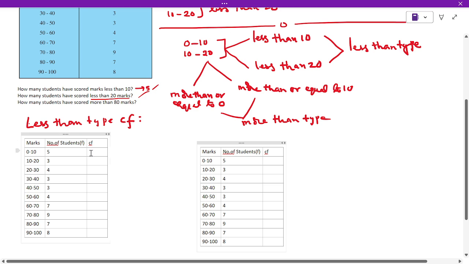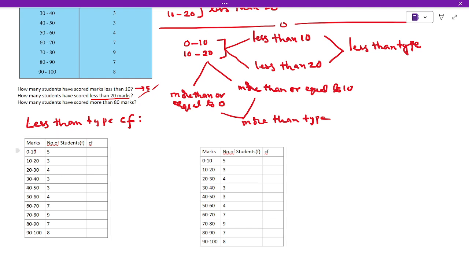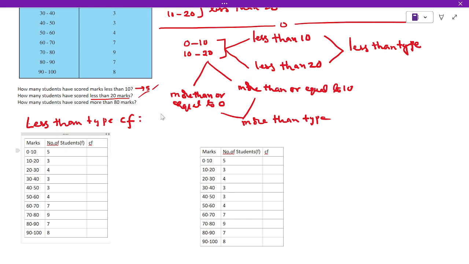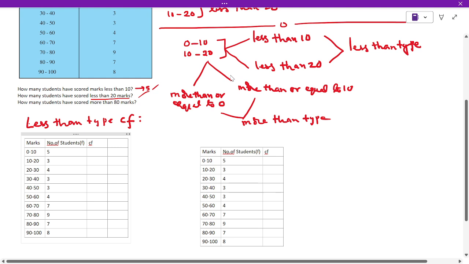So now see, less than type cumulative frequency. What is the meaning of this? Let me write one more column so that it will be easy for you to understand. Here I am writing less than type.